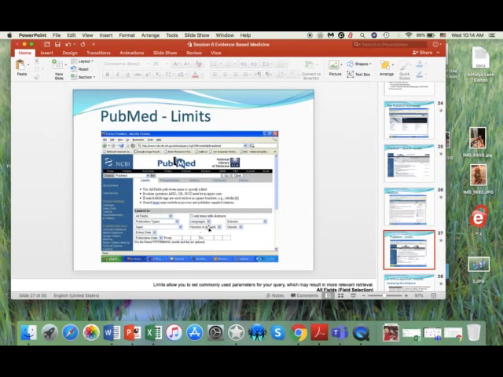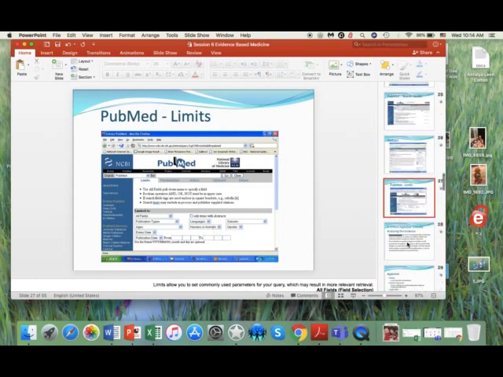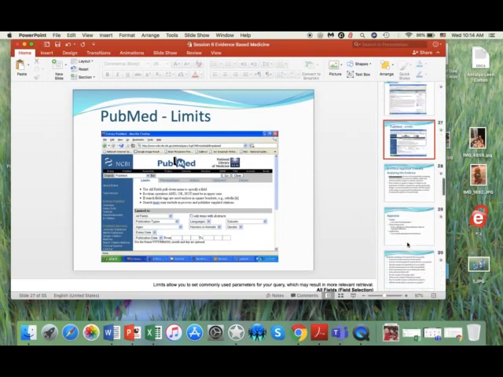You can say, okay, I only want articles in English. I only want it for male or female. I only want it for people of a certain age. I only want it in this type of journal. I only want it from these dates, human or animal trials. It helps narrow your search more. When we go over some examples later, I'll get online and show you how to use PubMed, as well as a few other resources that could be helpful to you.